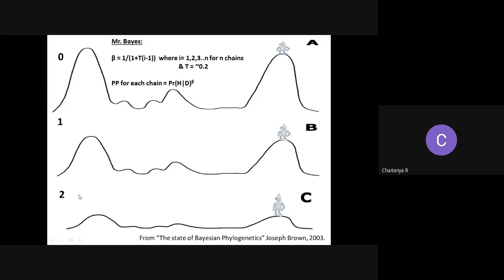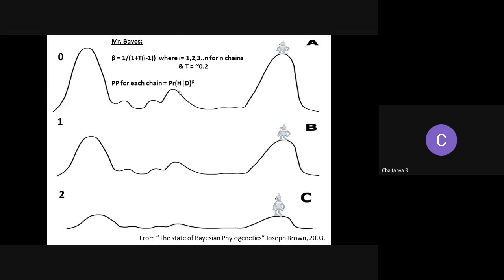However, if you look at chain 2 and substitute I with 2, you get a fraction here. So 2 minus 1 is 1, and T is 0.2, so this is 0.2. 1 plus 0.2 is 1.2. Wait, as said: 1 plus 0.4 is 1.4. So this is 1 divided by 1.4, which is a value less than 1. So you raise your posterior probability to a fraction less than 1, and you get a reduced posterior probability.